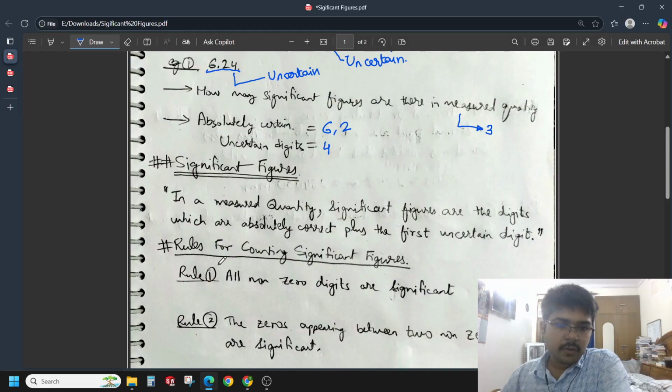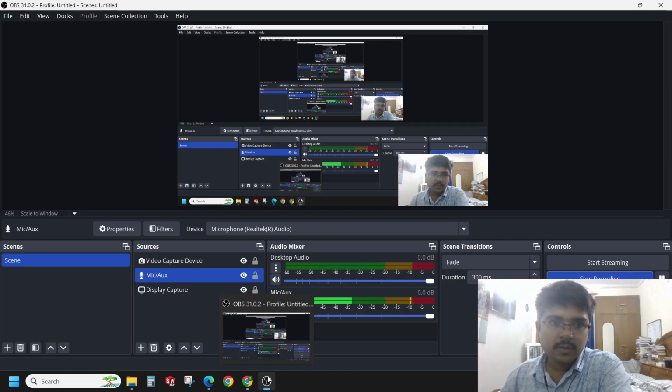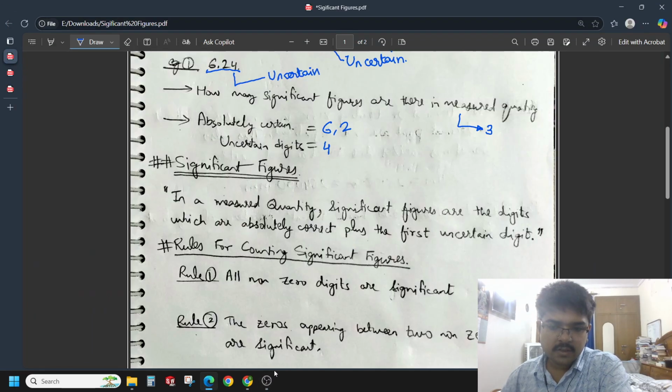Now, what are the rules for counting significant figures? Rule 1: all the non-zero digits are significant.